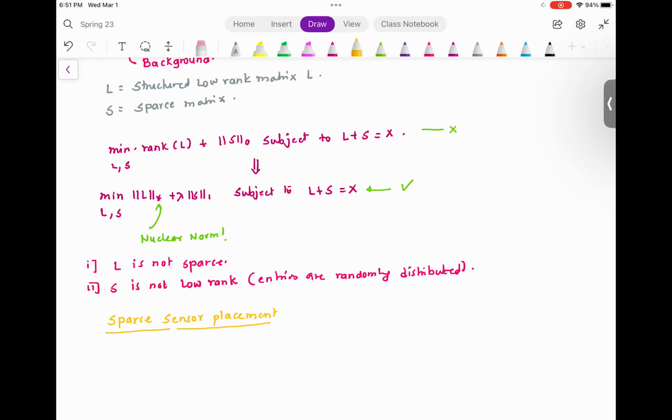Imagine you have a machine, or let me give you an example, the human body. The human body is going through a lot of physiological and biological processes. It is not possible for us to measure each and every biological or physiological process.